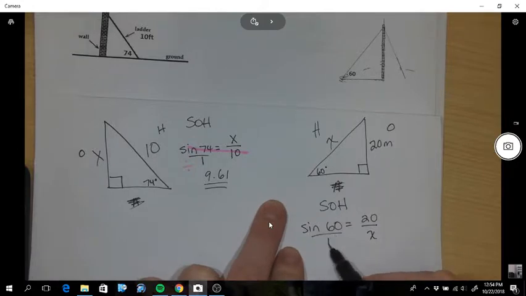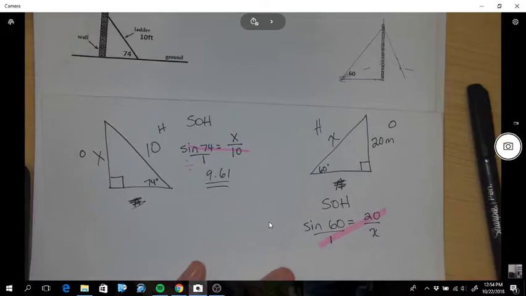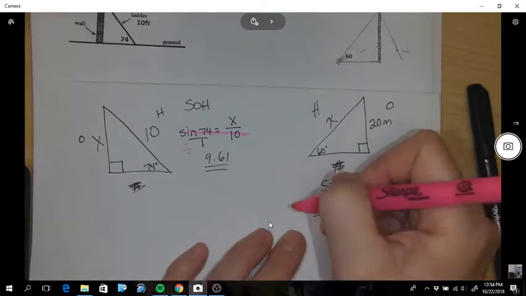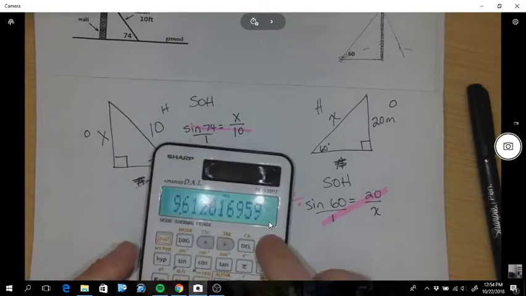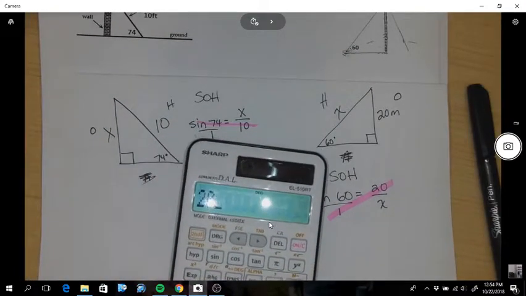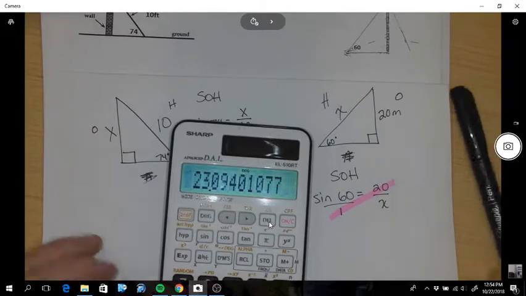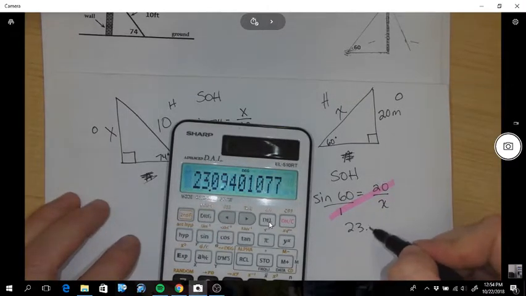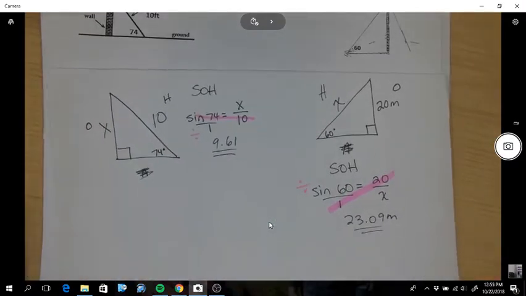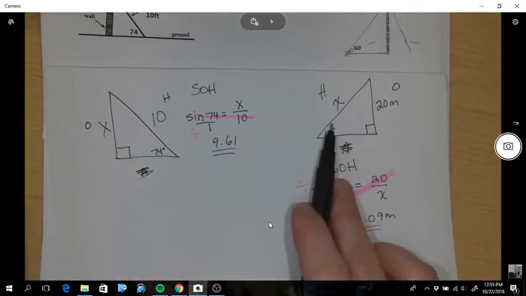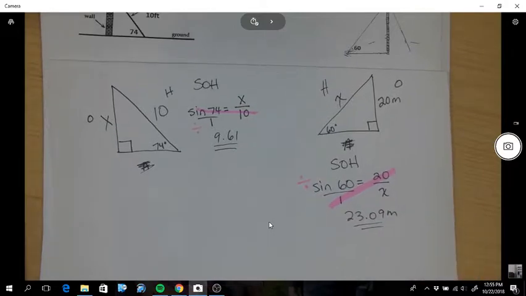Now I always put this over 1. So I know to do 20 times 1 and divide it by sine 60. I don't need to do 20 times 1, that's just 20. Divide it by sine 60 and you get 23.09. And I knew that side was the longest, so it better be longer than the 20 because it's the hypotenuse.